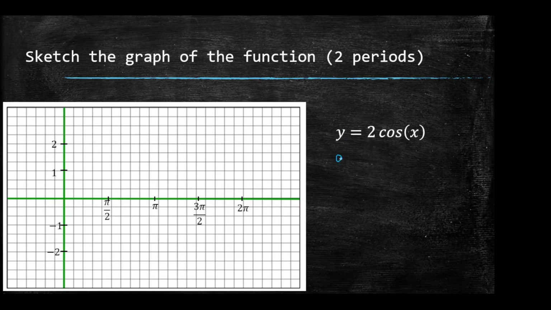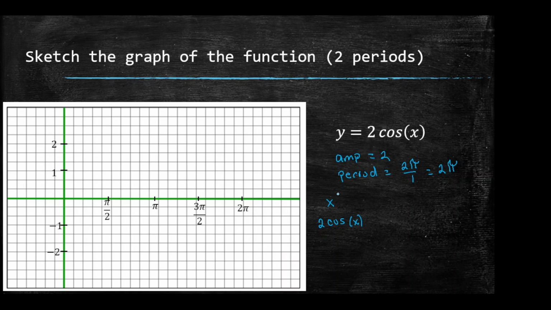So my amplitude equals 2, and my period is still 2 pi over b, right? So period is 2 pi over 1, or 2 pi. That doesn't change. So then my x value and my 2 cosine x.